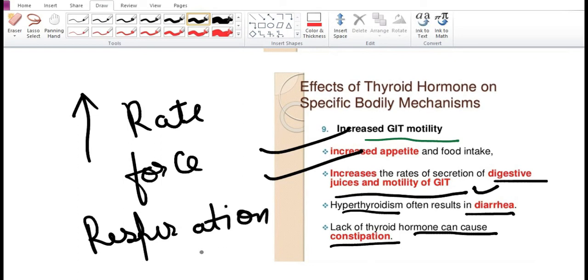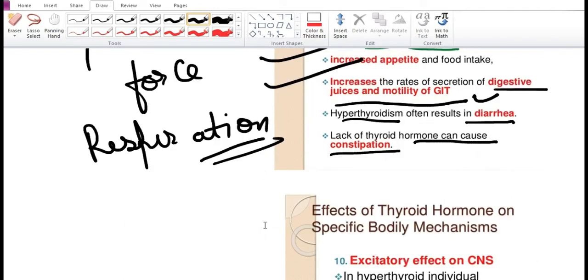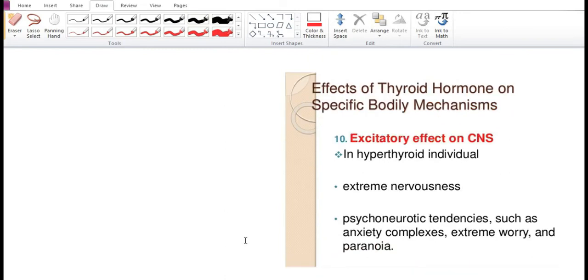Action on the central nervous system. Thyroxine is very important to promote the growth and development of the brain during the fetal life and during the first few years of postnatal life. So thyroid deficiency in infants results in abnormal development of synapses and mental retardation.